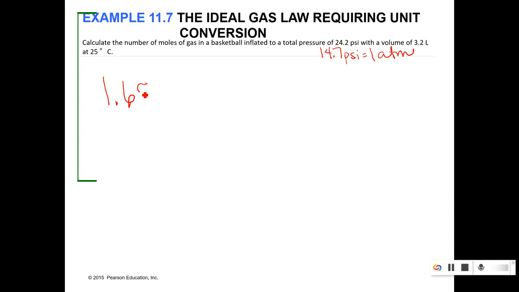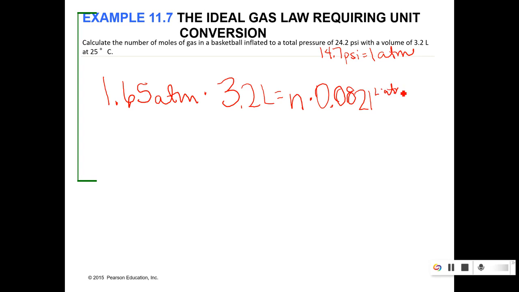Okay, so for the pressure, I got 1.65 atmospheres times 3.2 liters equals N. That's what I'm looking for. Remember, R is always 0.0821. And then 273 plus 25 is our 298 Kelvin. The biggest issue we have on ones like these, we're dividing by 2 numbers, the 0.0821 and the 298.